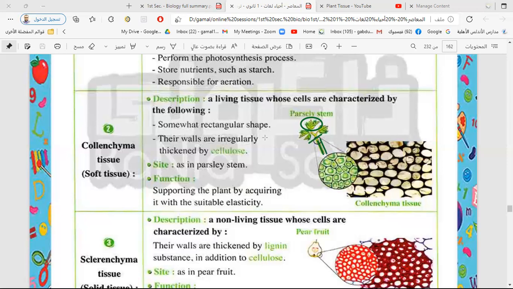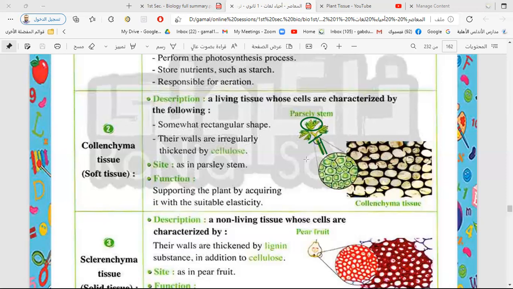Right. Let's see what the structure of these cells is. We can see the cells here. They have some angles. They are not very round, but they have a somewhat rectangular shape, because the air spaces are now filled with cellulose. The spaces between the cells were air in the parenchyma.